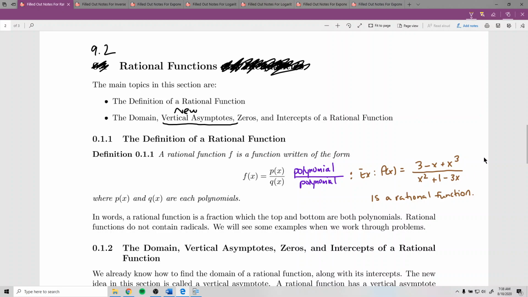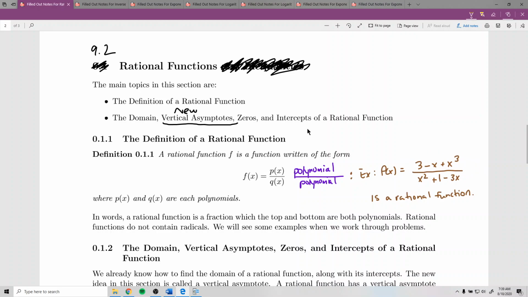Okay. So if you see something like this, we talked about how to find the domain before, because we set the denominator equal to 0, solve that and throw the numbers away. To find the zeros of a rational function, you only set the numerator equal to 0, which we solved that.